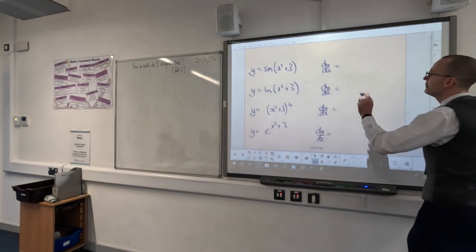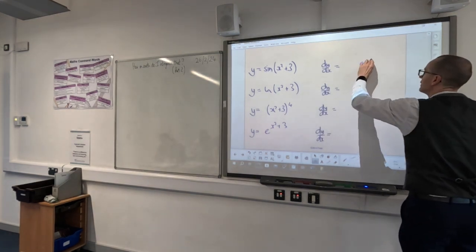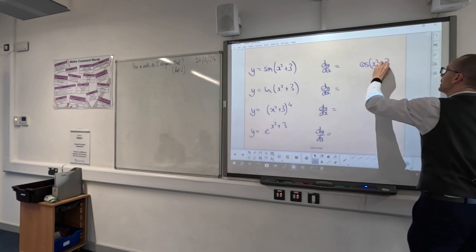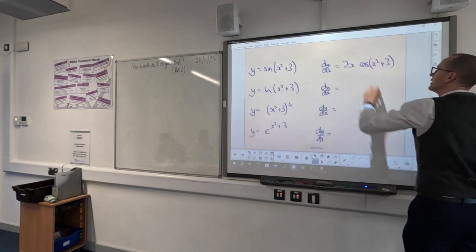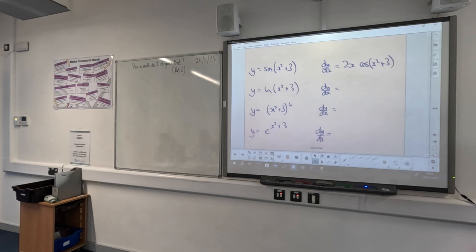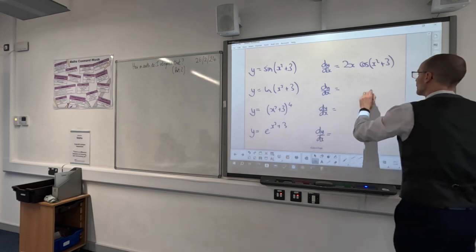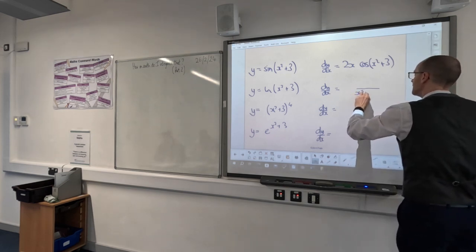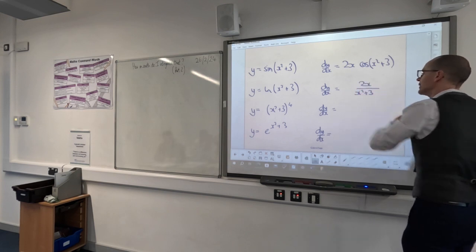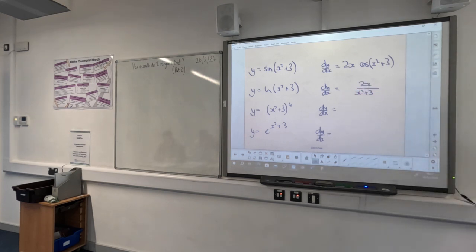Okay, so sine becomes cos, multiplied by what you get when you differentiate the brackets. ln becomes 1 over, multiplied by what you get when you differentiate the brackets.